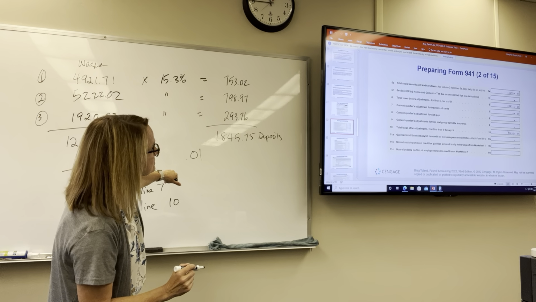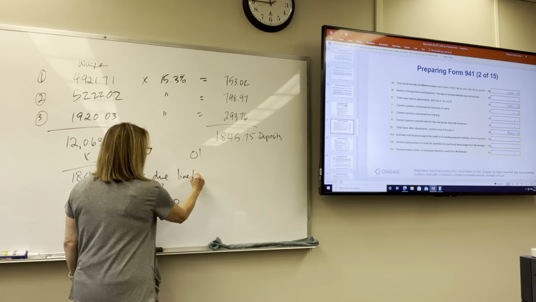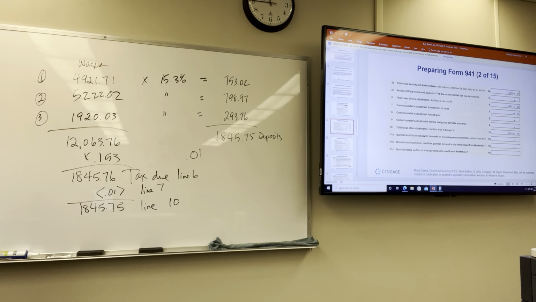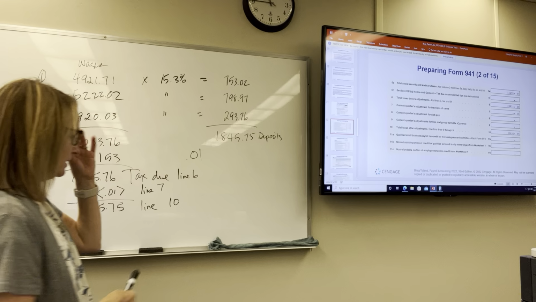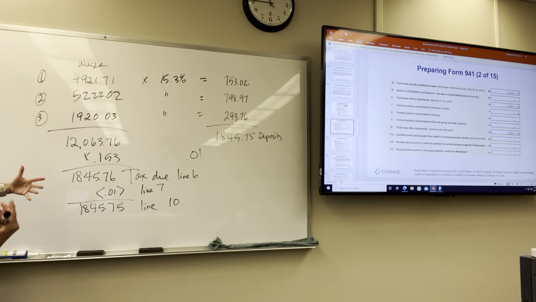This would have been line 6 here. All right, so line 10, and again, we're not going to worry about sick pay adjustments or group term life insurance for this class. They are used as lines, they're not ignored, but for our purposes, we're gonna skip over those.